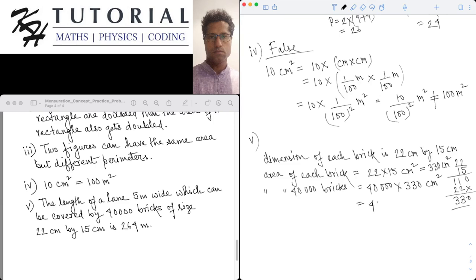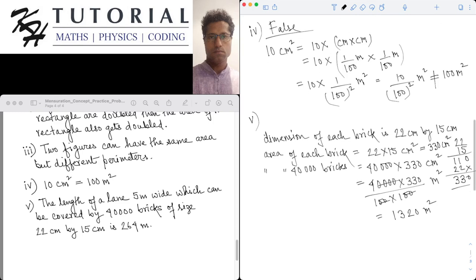So this will be equal to 40,000 multiplied by 330 divided by 100 multiplied by 100 meter square. So 2 zeros cancel out, and this is equal to 4 multiplied by 330, which is 1320 meter square. So the area of 40,000 bricks is 1320 meter square.